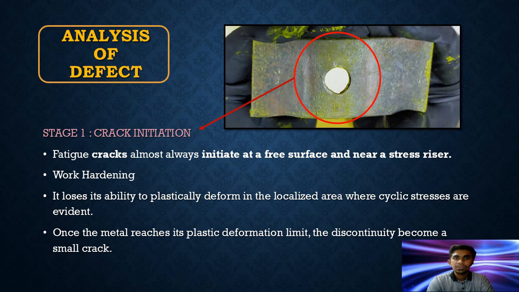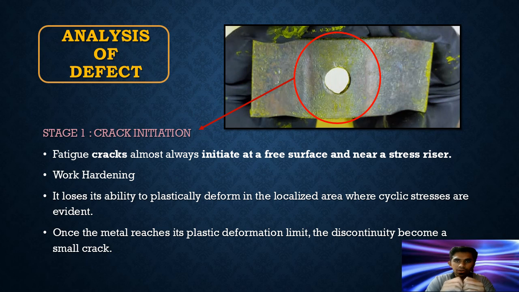The initial development of a fatigue crack occurs at localized discontinuities in the metal's crystal structure. The generation and movement of discontinuities strengthen the metal through plastic deformation. This phenomenon is called work hardening. As the metal becomes work hardened, it loses its ability to plastically deform in the localized area where cyclic stress is evident.